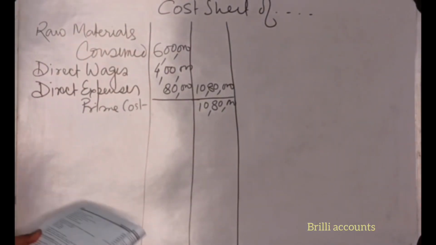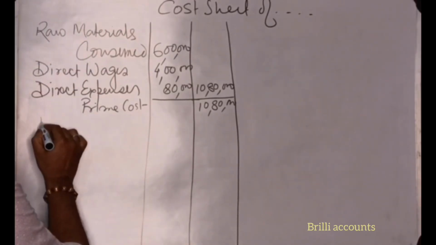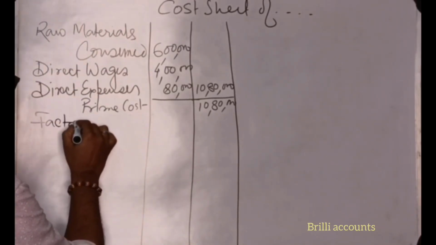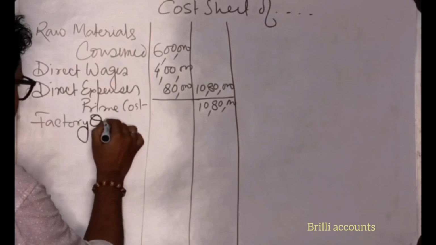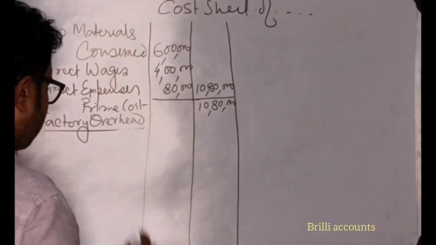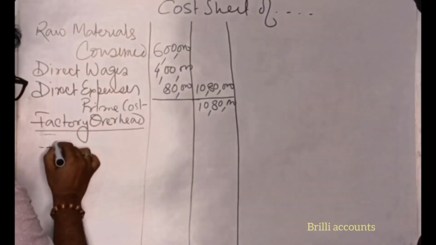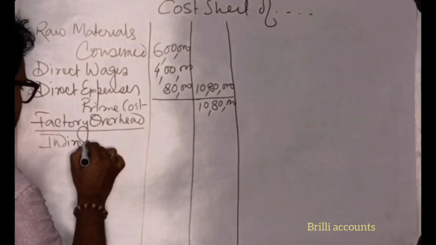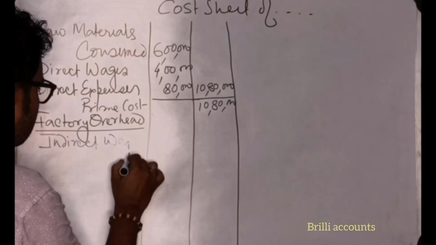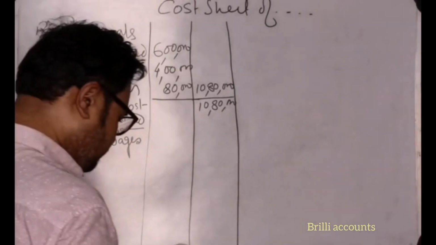Now the factory overhead. What is there? They have said indirect wages. Write it down. What is the value of indirect wages given here? 1 lakh.